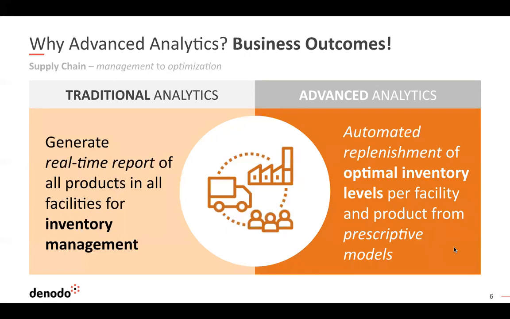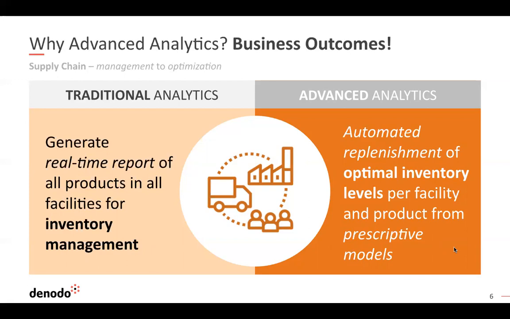And that really helps in saving operational cost and optimizing processes. Looking at the supply chain perspective, traditional analytics will help supply chain managers manage the supply chain. Advanced analytics, with predictions and recommendations, helps in optimizing the supply chain. So you could generate real-time reports that allow you to manage your inventory. But what about future needs? How can a retailer ensure that they are safe from what's going to happen in the future?